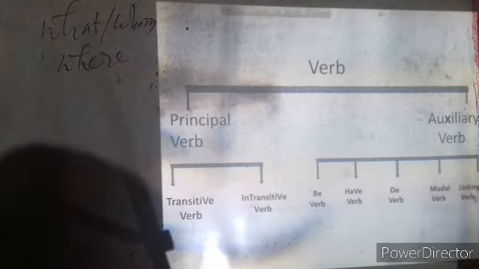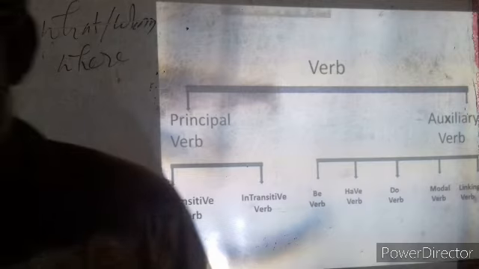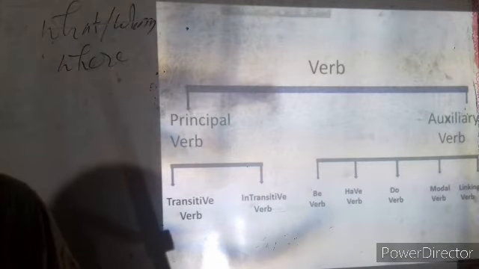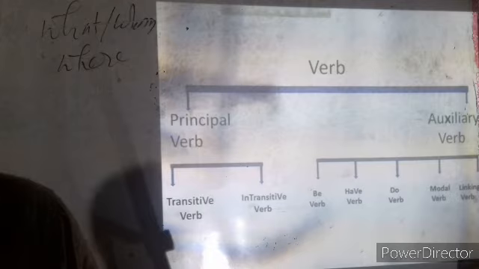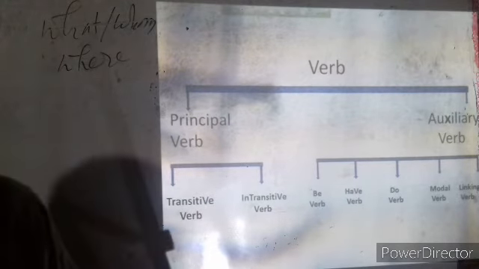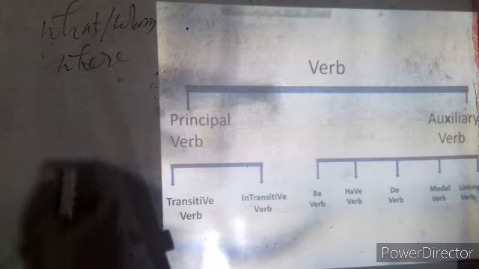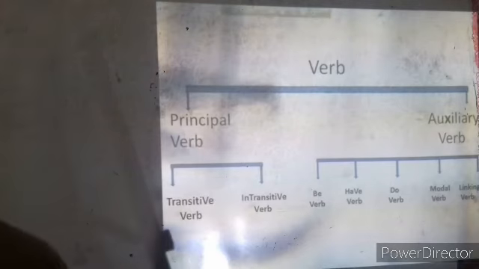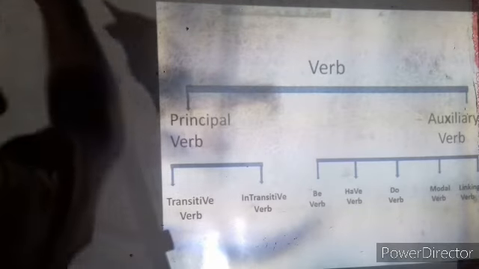And if the answer is included in the sentence or after the verb, then it will be intransitive verb. My dear student, have you got the idea? I would like to clear you by giving an example. Look at the board.